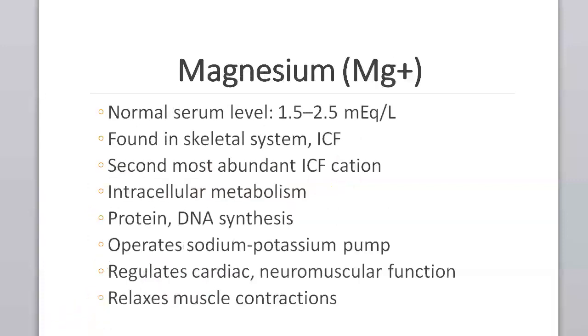The next one that we want to talk about is magnesium. Normal serum levels are about 1.5 to 2.5, found mostly in skeletal systems.